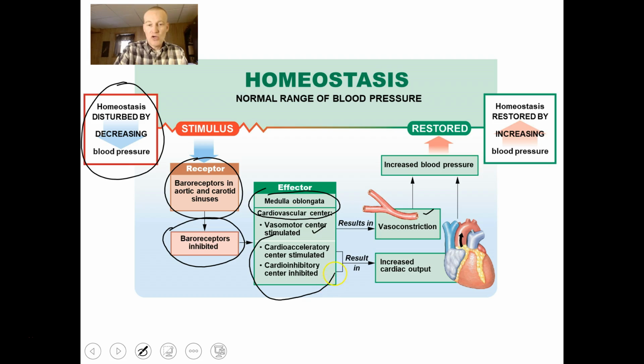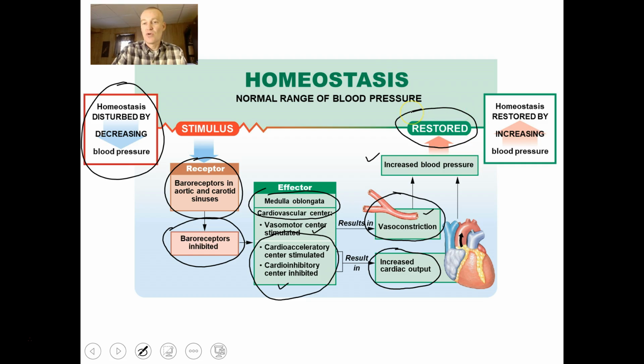The cardio-acceleratory centers are going to be stimulated. That will accelerate the cardiac output, and cardio-inhibitory centers are inhibited. So we have an increase in cardiac output. We have vasoconstriction. This will increase blood pressure and restore homeostasis.